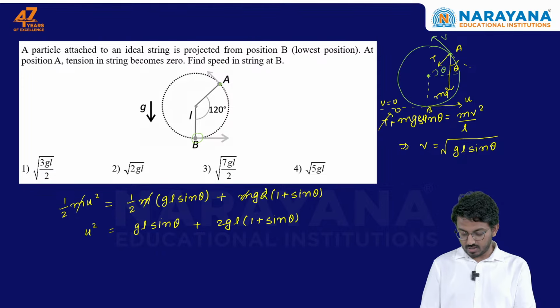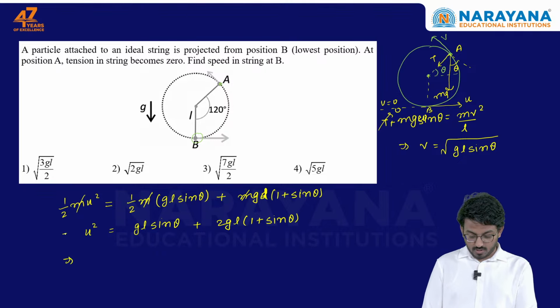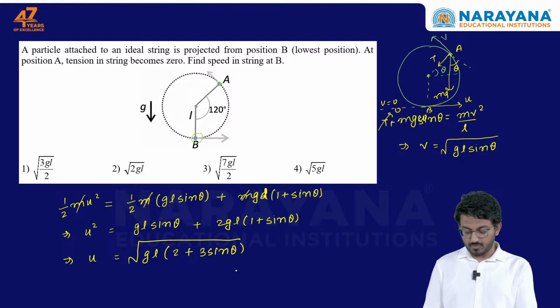Don't mind this, this is L only by habit. Now, u comes out to be, if you see it, square root of gL(2 plus 3 sine theta).